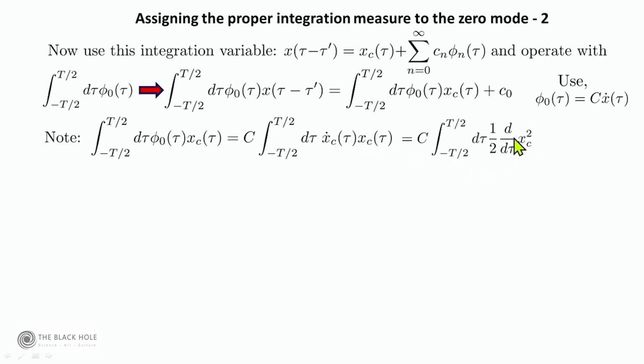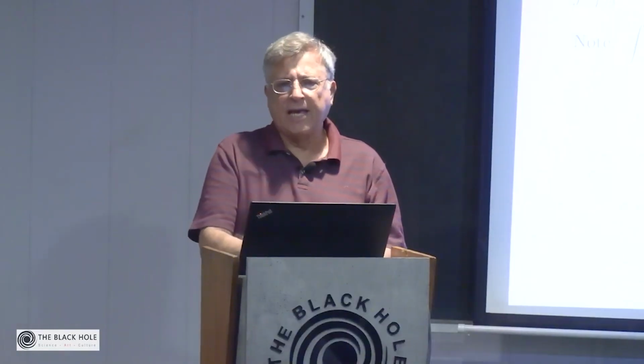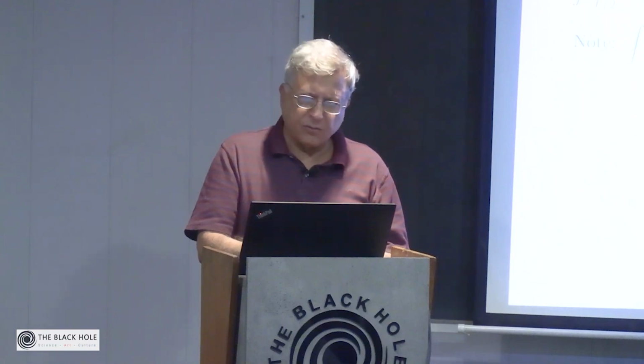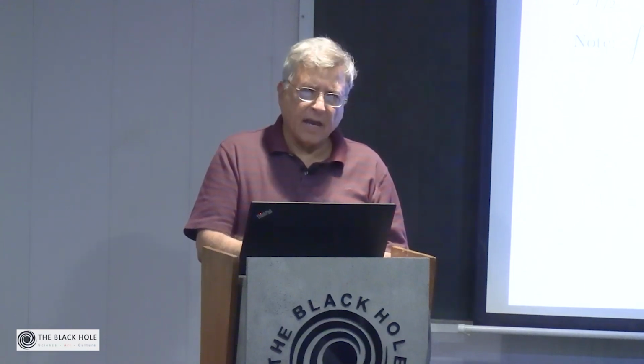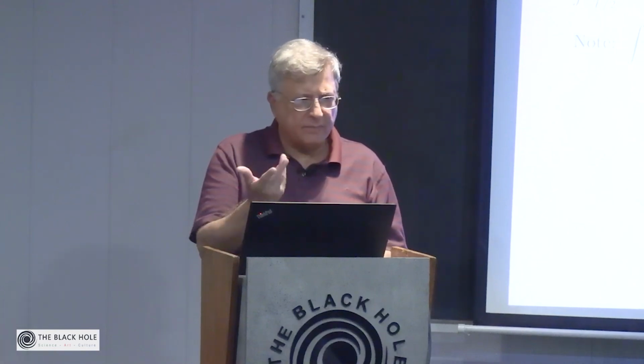But then this, by the fundamental theorem of calculus, says evaluate xc squared at the top minus xc squared at the bottom, and of course both of them are equal, and so this is equal to 0. Those are our boundary conditions. Remember that xc at minus T over 2 is equal to minus a, and xc at T over 2 is equal to plus a, but when you square them, they're the same thing.